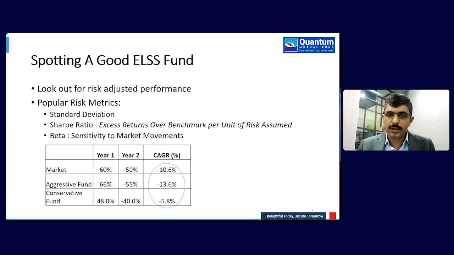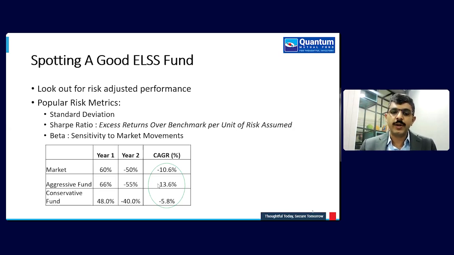For instance, in this table we have depicted two scenarios: one is an aggressive fund and the other is a conservative fund. Most likely, the beta of the aggressive fund would be more than 1, and in the case of the conservative fund, most likely the beta would be less than 1.